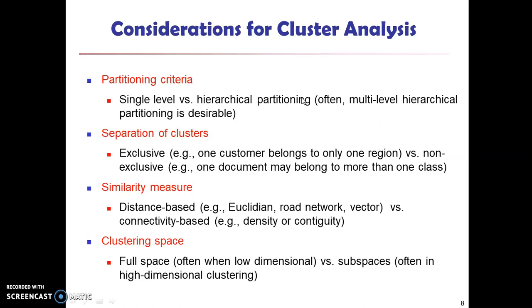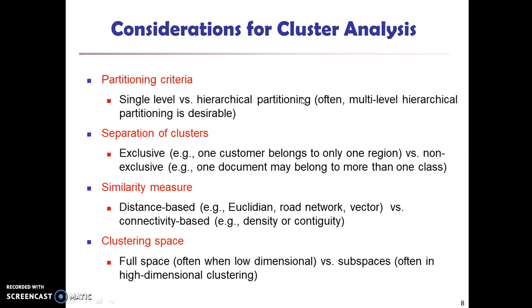And separation of clusters: exclusive, for example, one customer belongs to only one region, versus non-exclusive, in the sense one document may belong to more than one class. This is separation of clusters, how the clusters can be separated.